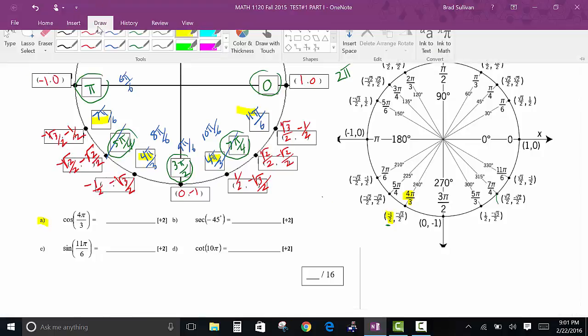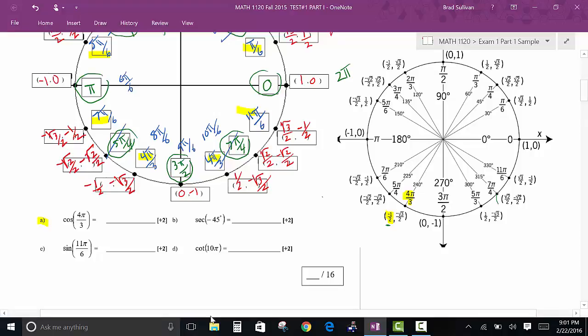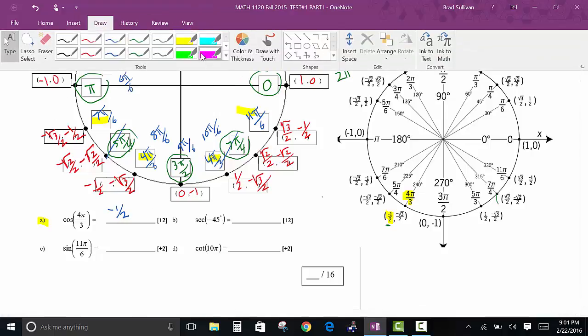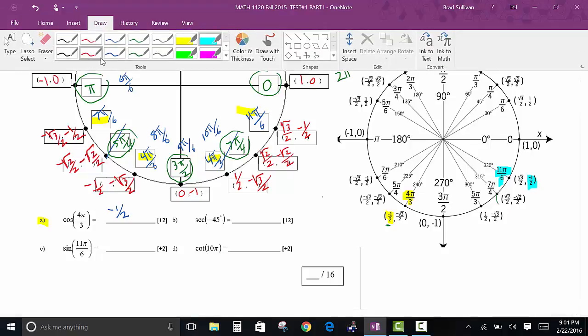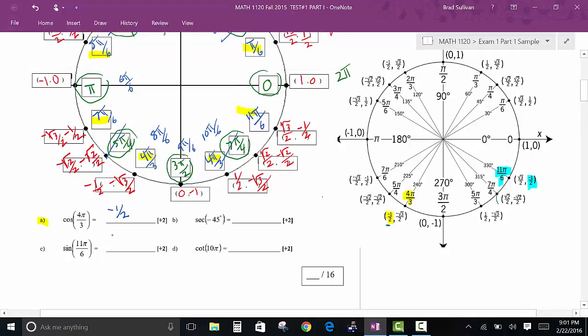So that means the answer to this problem is going to be -1/2. Okay? If you're looking for a sine, the sine of 11 pi over 6, find the angle. Now the sine is the y value. So that means the answer to that problem is going to be the y value. So coincidentally, that's just -1/2 also.